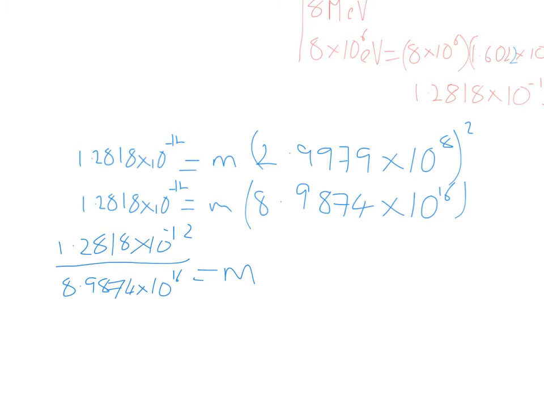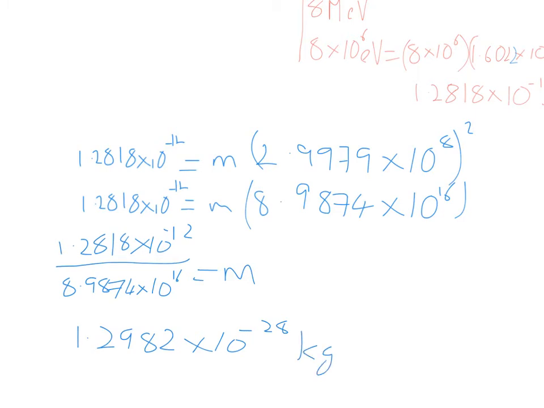So when we do this whole thing out, the answer that we get to 4 decimal places is 1.2982 by 10 to the power of minus 28, and our answer is mass, so that's going to be in kilograms.